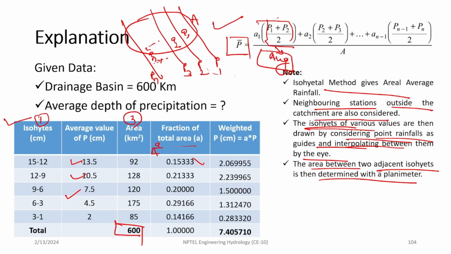Let me know whether you are getting the weighted precipitation in the catchment for the area of 92 kilometer square.